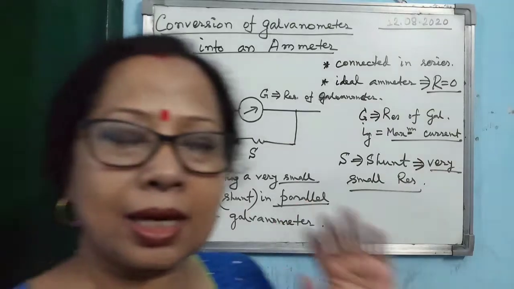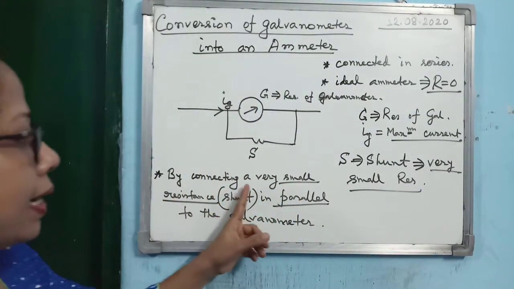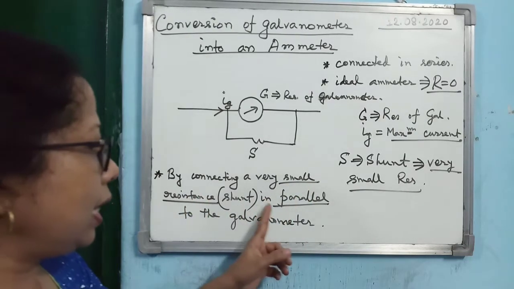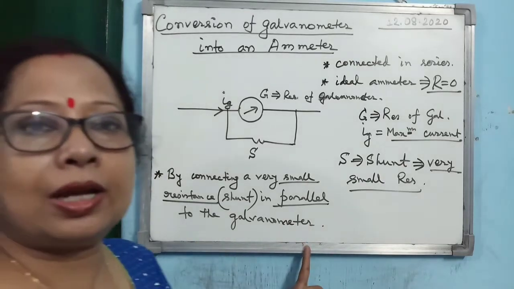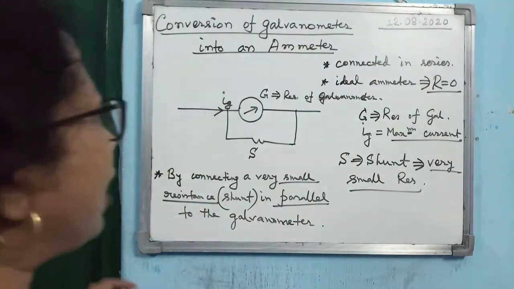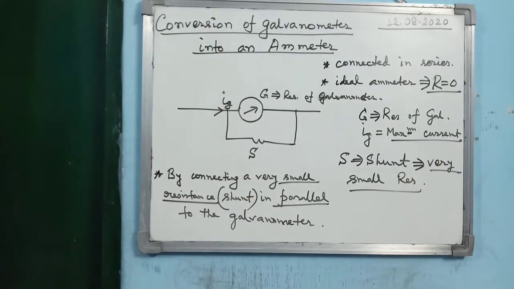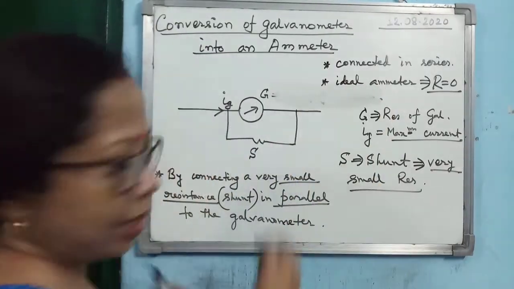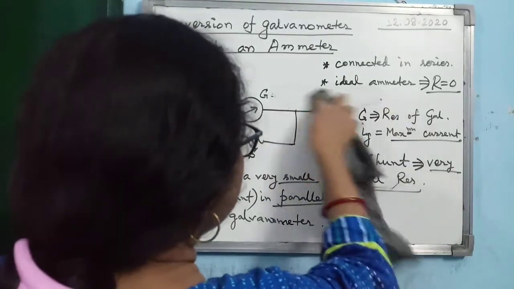Okay. So how can you convert a galvanometer into an ammeter? If the question comes as a one mark question, then how to write the answer? By connecting a very small resistance which is known as shunt in parallel, that you have to mention, to the galvanometer. And for those who are having problems in handling English sentences, there is another way: you simply draw this diagram.